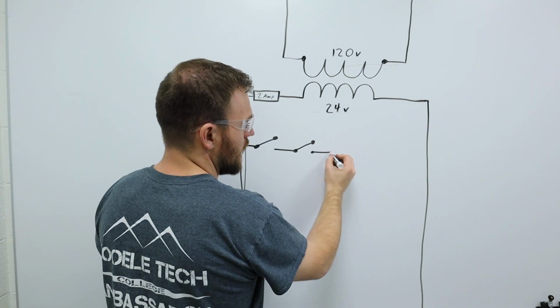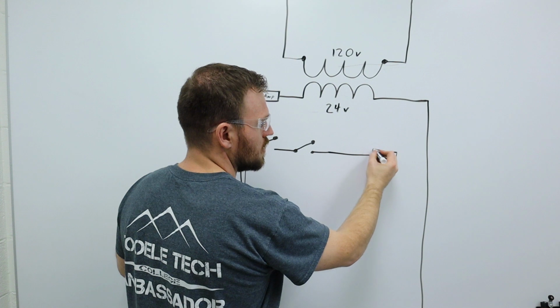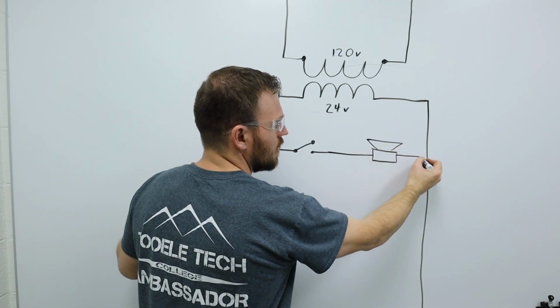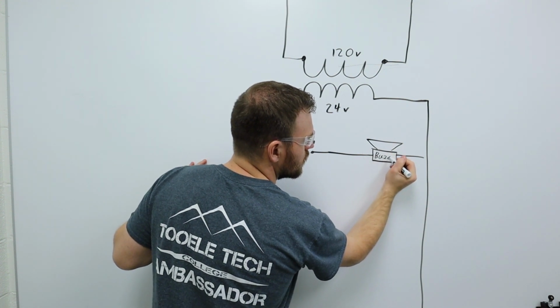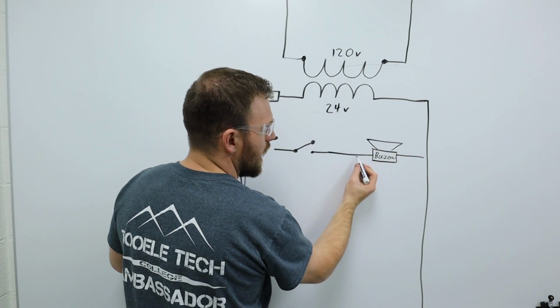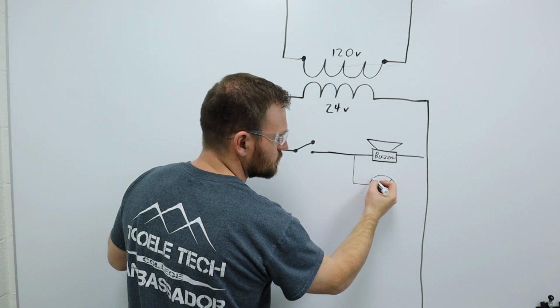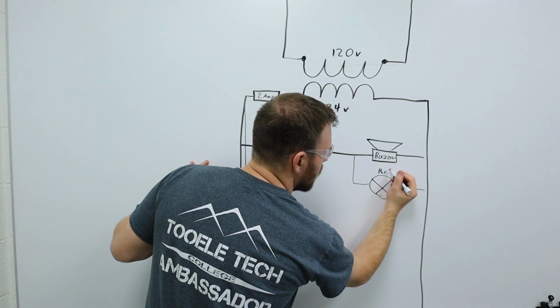So I'm going to draw an alarm like so, and this is going to be a buzzer. Then I want a red light, so we're going to have a red light here, and we'll put the word red above that.